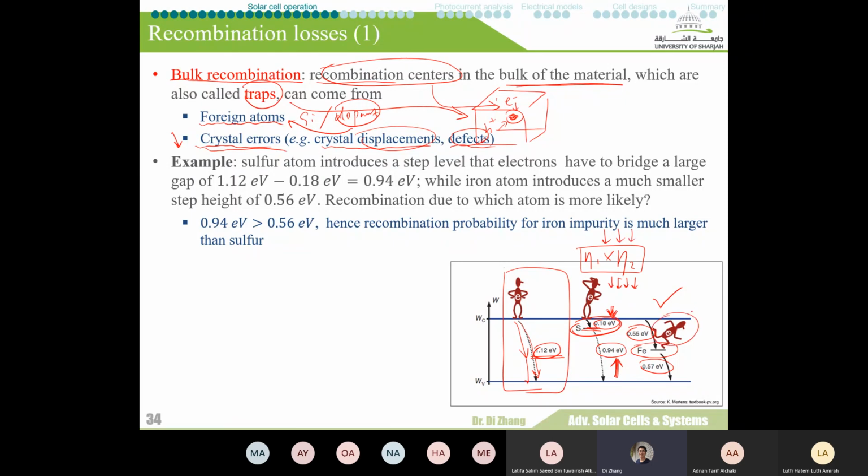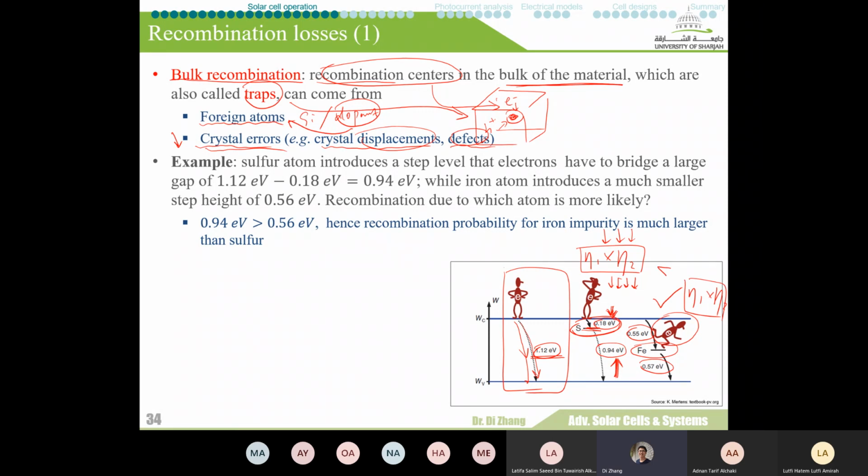However, for the iron case, we have almost equal distance to the conduction band and to the valence band. So you're talking about two jumps that have almost the same probability, and the probability is not too small. So for the iron, the recombination probability is larger compared to the sulfur atom.